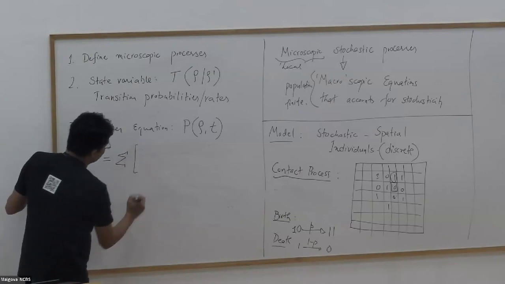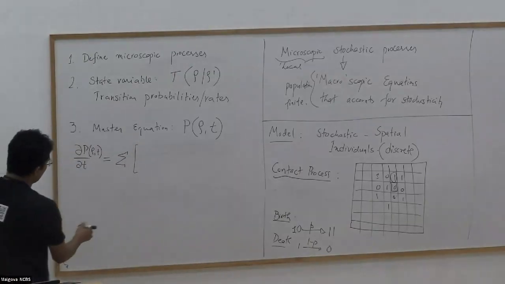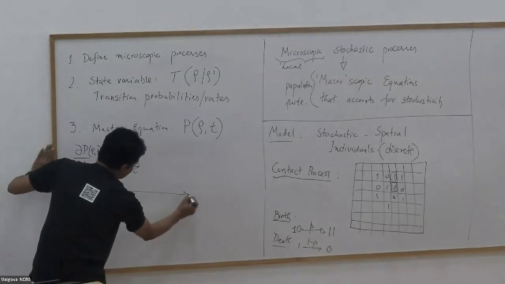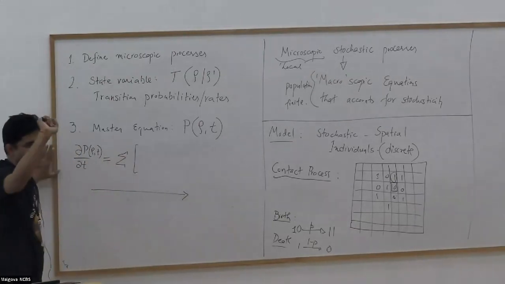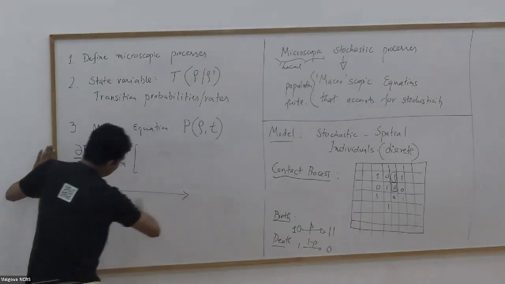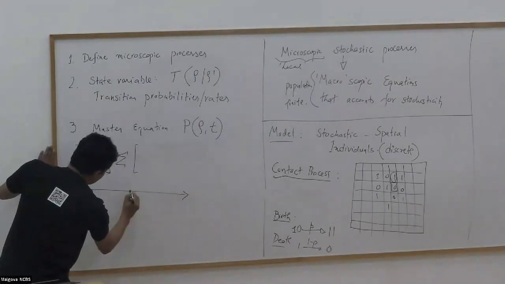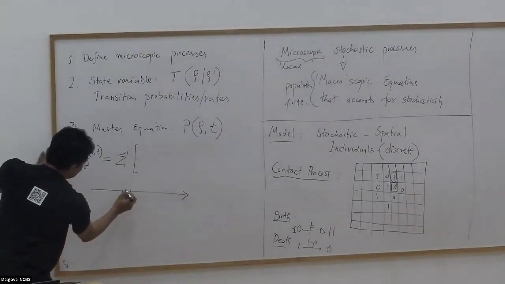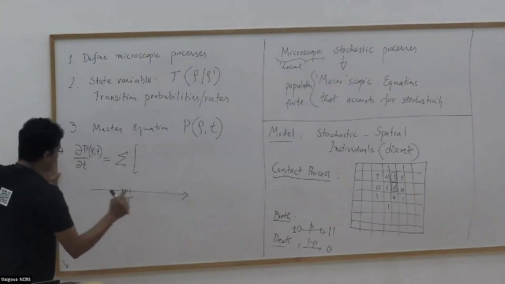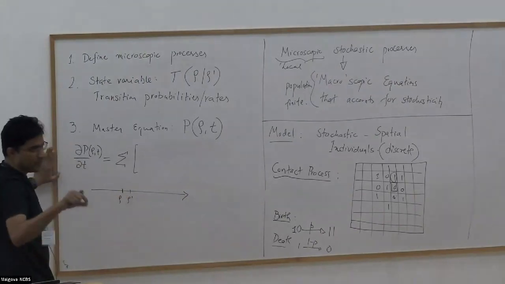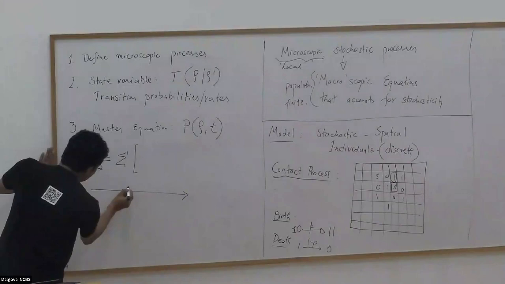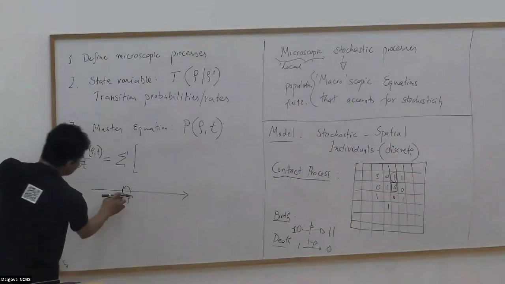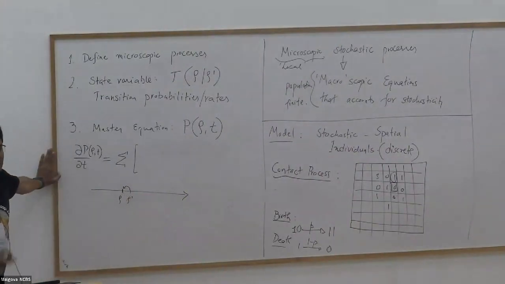One way to think about this graphically would be this. Let me come to your question in a moment. This is the axis of your state variable. This is rho prime. Let's say this is rho. I want to know the probability at time t, so I have to look at all the different ways I can reach this.